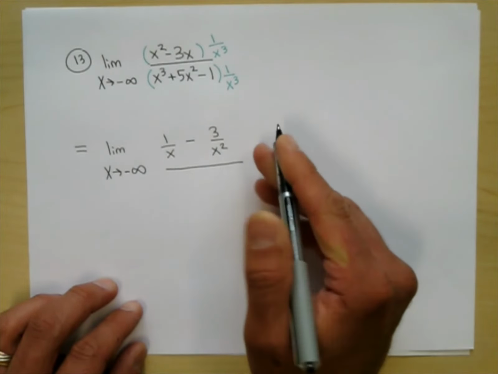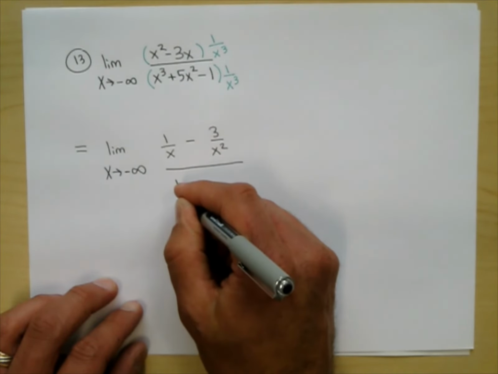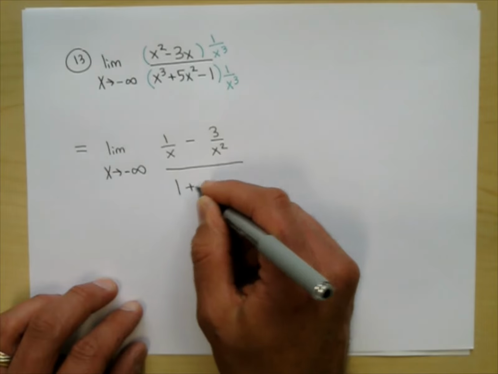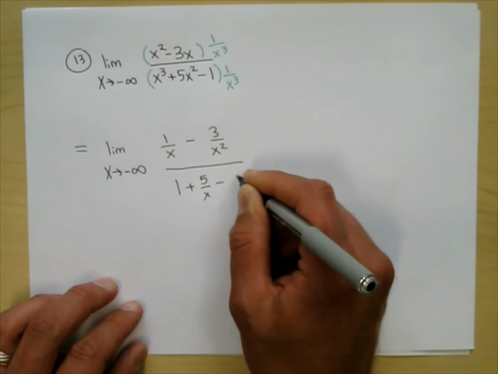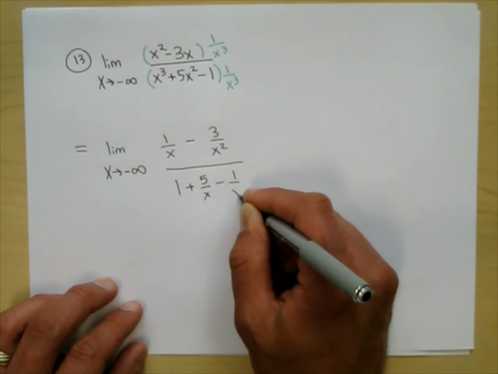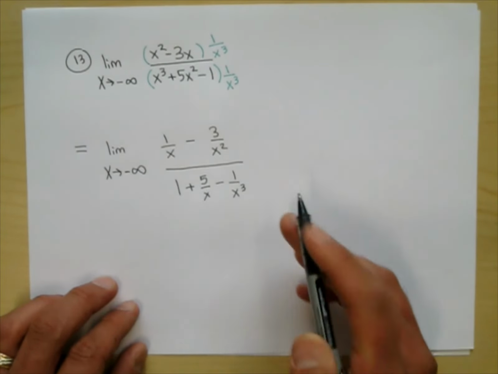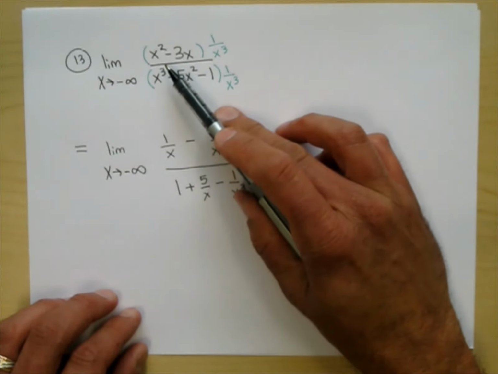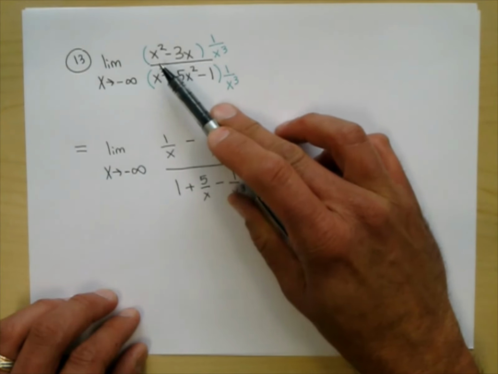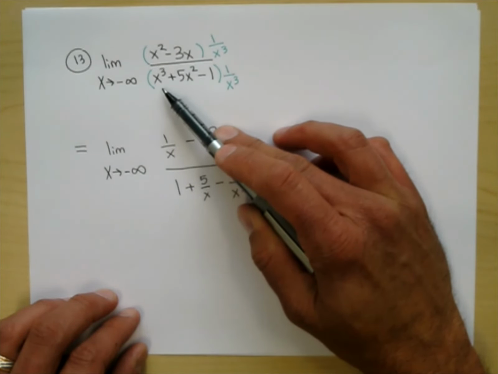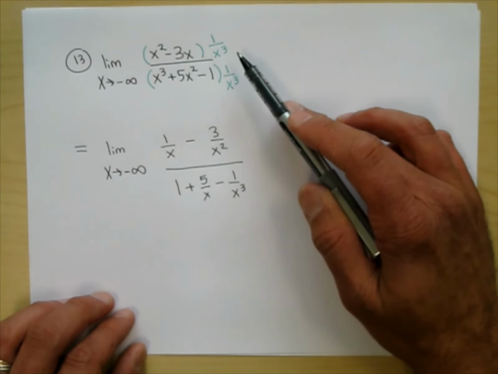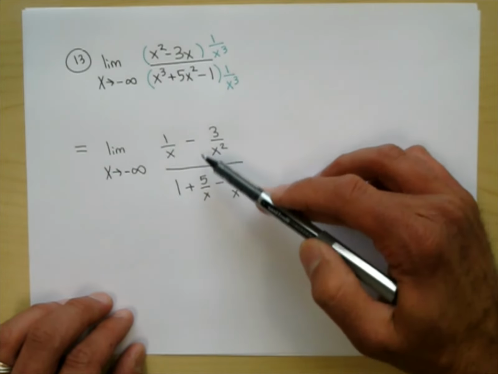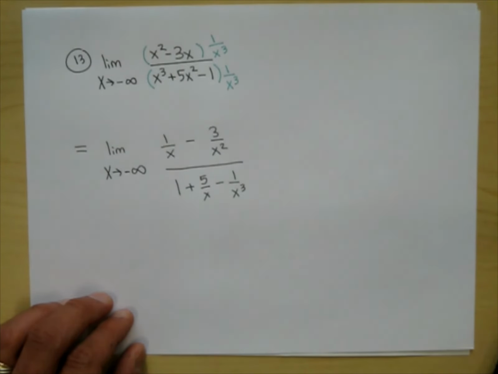Meanwhile, on the bottom, we have 1 plus 5 over x minus 1 over x cubed. It's correct. If you put negative infinity in this, you're going to get an infinity on the top and a negative infinity on the bottom. Infinity over negative infinity is a bad thing to have. But by dividing by the highest power in the denominator, you end up getting something that you can now do.